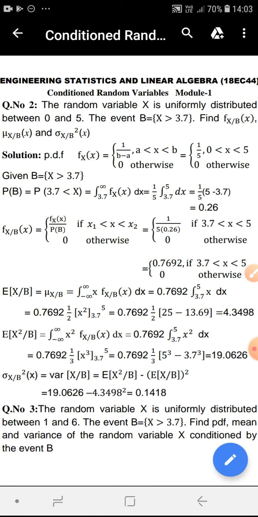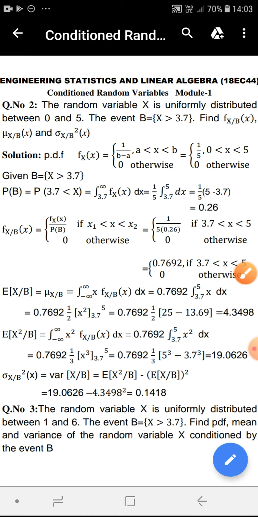So 1 by 5 into the difference of x at the upper limit 5 and lower limit 3.7, which will be 1 by 5 into 5 minus 3.7, equal to 0.26. That is the probability of B, or p of B.